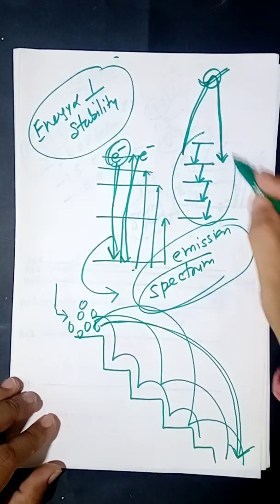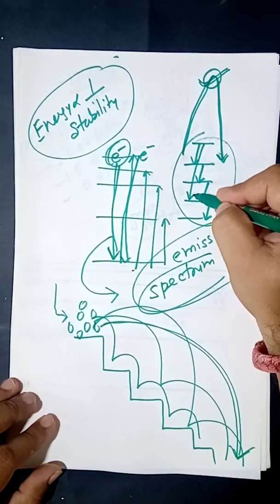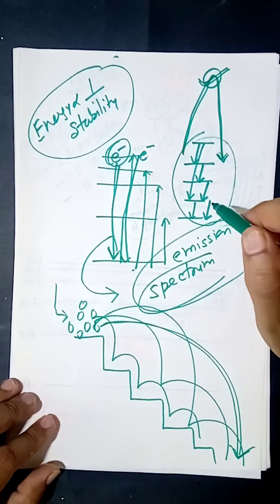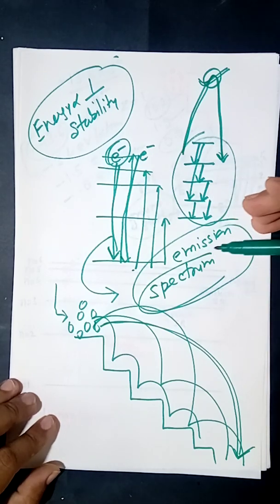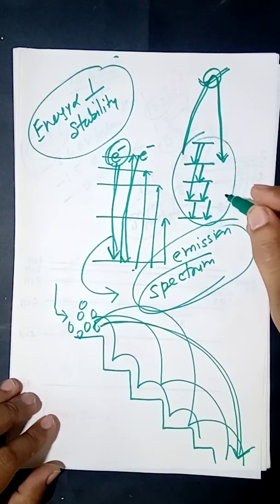There are other possibilities too, like 5 directly to the second shell and then second to 1. All these transitions are possible, and therefore we will not have a single type of radiation when the electron returns from a higher energy level to the ground level.